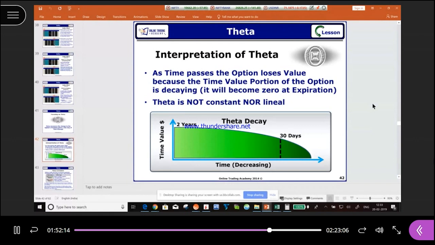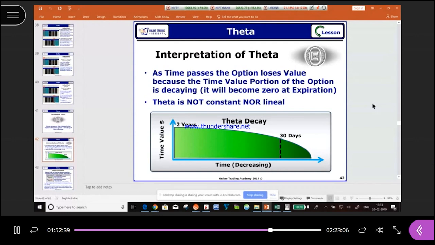Yes. So as time passes, the option will lose value because the time value component of the option is decaying, correct? Do you guys agree with this? Okay. It will become zero at expiry. That's an inherent characteristic.